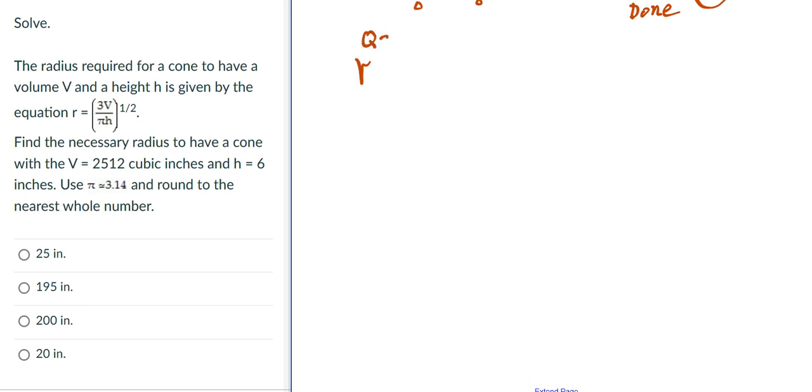Question 20 here, then r equals. Here we then have an expression. You want to copy the expression here first. 3 times v, and then pi h, which is height, to the exponent 1/2.